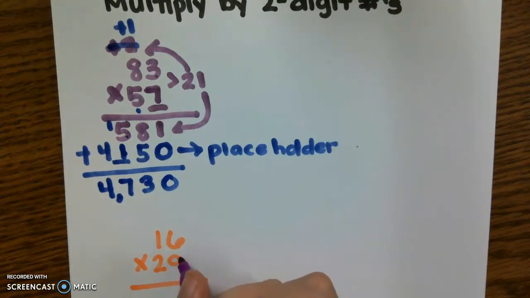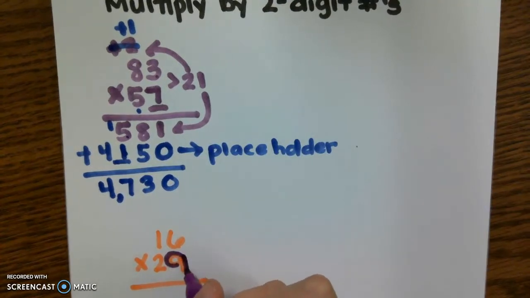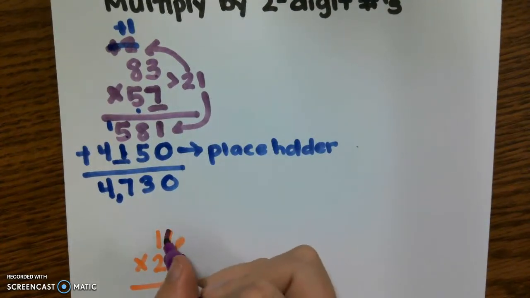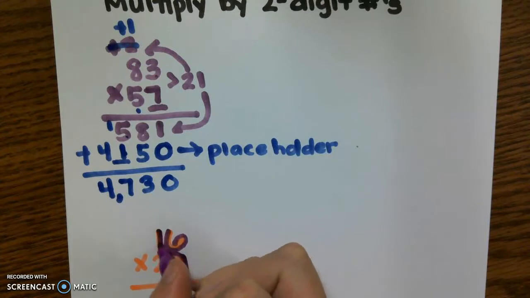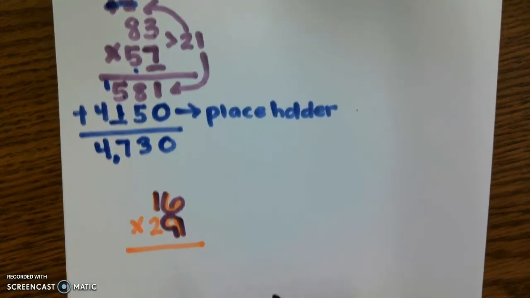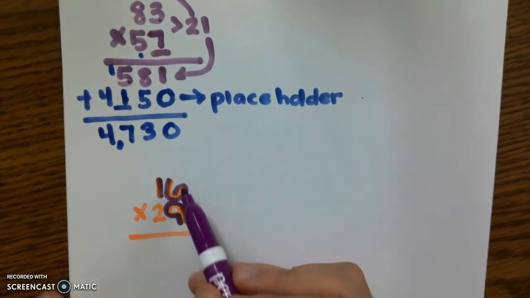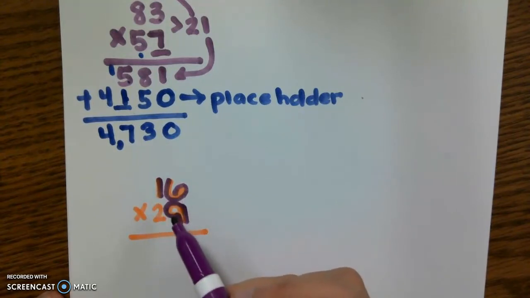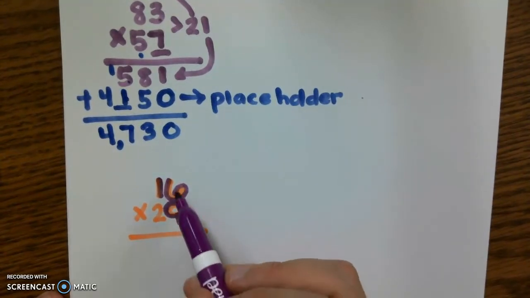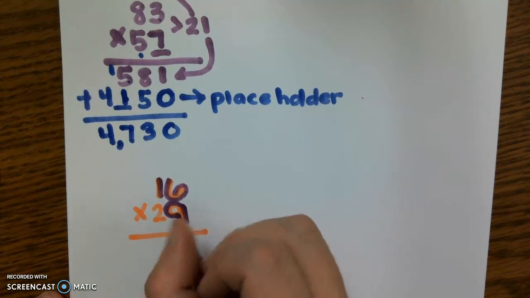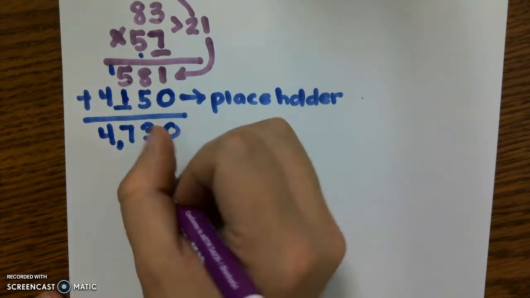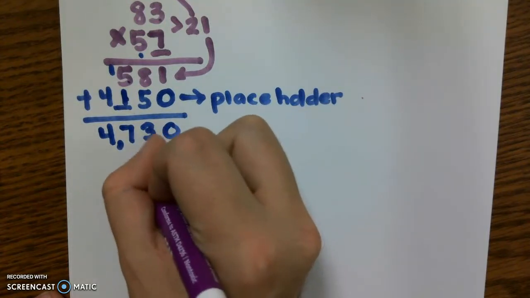That's a 9. I'm going to outline my 9. My 9 is going to be multiplied by the 6 and by the 1. So I'm taking this 9, I'm multiplying by 6 and by the 1, just like you did with single digits. Okay, so 9 times 6 is 54. So I'm going to drop my 4, and I'm going to regroup my 5 to be added.